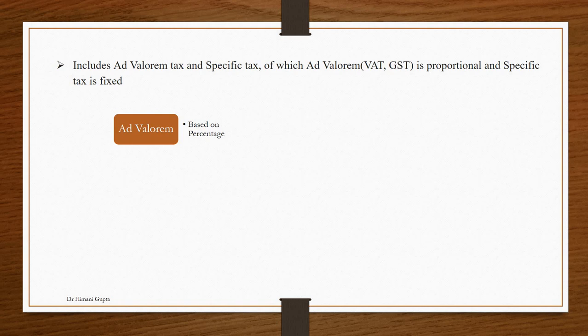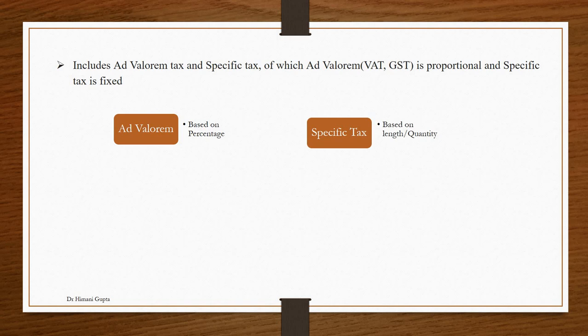For example, the product is of rupees 10 and the government says the tax rate on such product is 10%. So we will charge 10% of the price. If you are selling the product worth rupees 10, you will charge 10% on rupees 10, which comes out to be rupees 11. So whenever the tax is based on percentage, it is known as ad valorem.